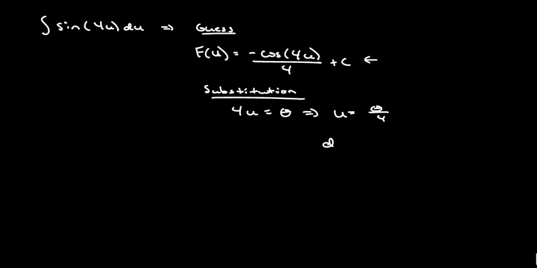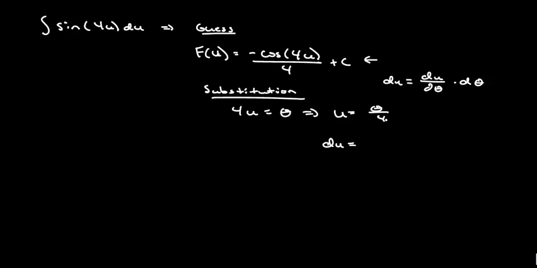Now, using our differentials, we get the following. We get that du is equal to the derivative of this guy with respect to theta. So essentially we get du d theta. So du is equal to du d theta times d theta.